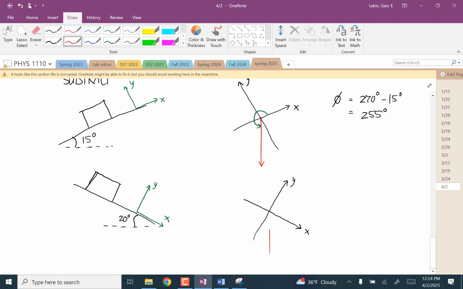Here's my weight force. To get from the positive x-axis to the vector, you go around like that. So this time is phi less than 270 or bigger than 270? Bigger. I had to go past that negative y-axis, you know? So phi is 270 plus 20, or 290. Okay?